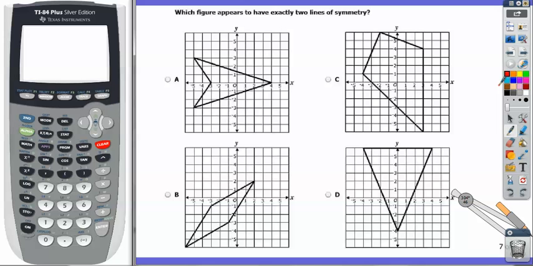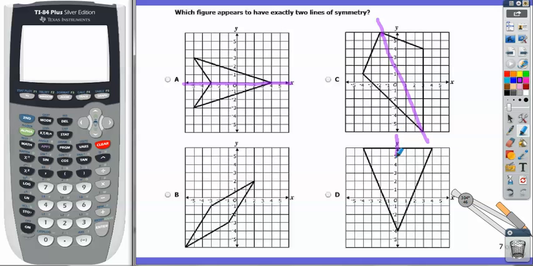Next, which figure has 2 lines of symmetry? Now I probably don't have to graph this one, but I could, because if I actually graph it in my hands, I can fold it and see if it lines up perfectly. But this has a line of symmetry here, and I don't see another one. This one has a line of symmetry here, but I don't see another one.